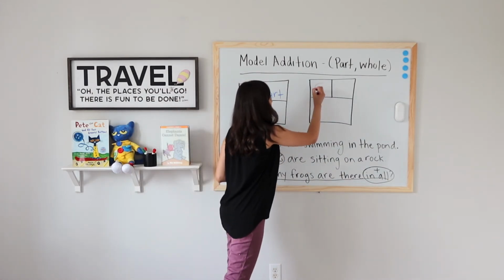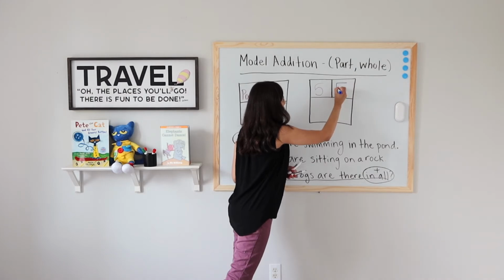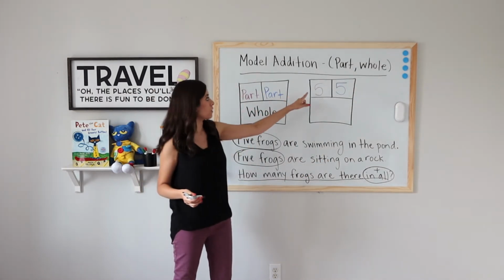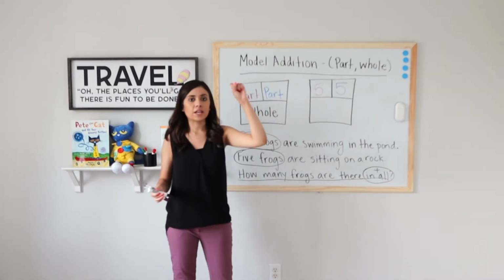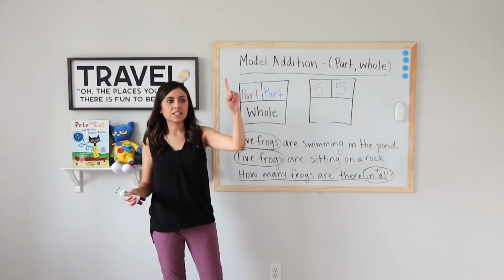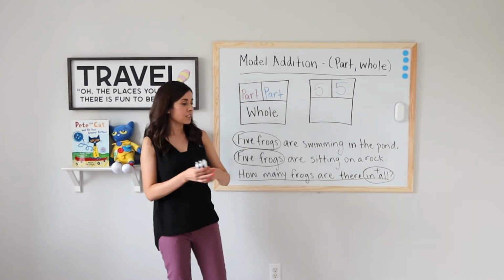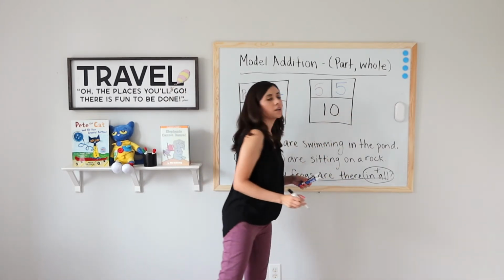So 5 and 5. And let's go ahead and hold the fist of the first part, 5, and jump up 5 more. Ready? 5, 6, 7, 8, 9, 10. Awesome. So we have a total of 10 frogs.